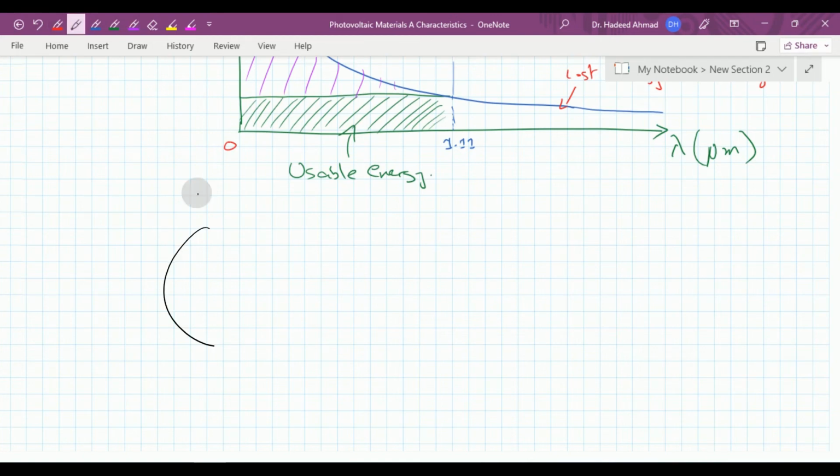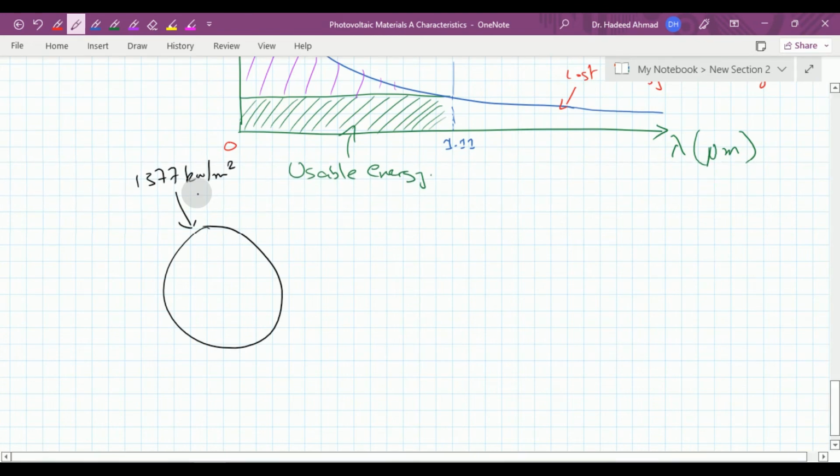So if this is Earth here, just right outside of the surface, we have 1377 watt per meter square as the reception, and then before it reaches the ground point where we install the photovoltaic panel, it encounters various kinds of impurities. We have water vapors, and then we have carbon and whatnot in our polluted environment.